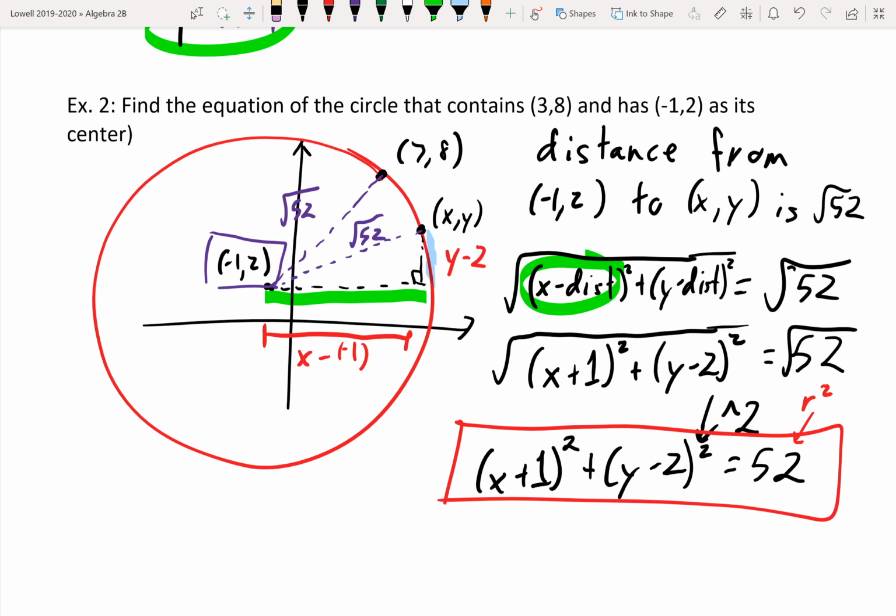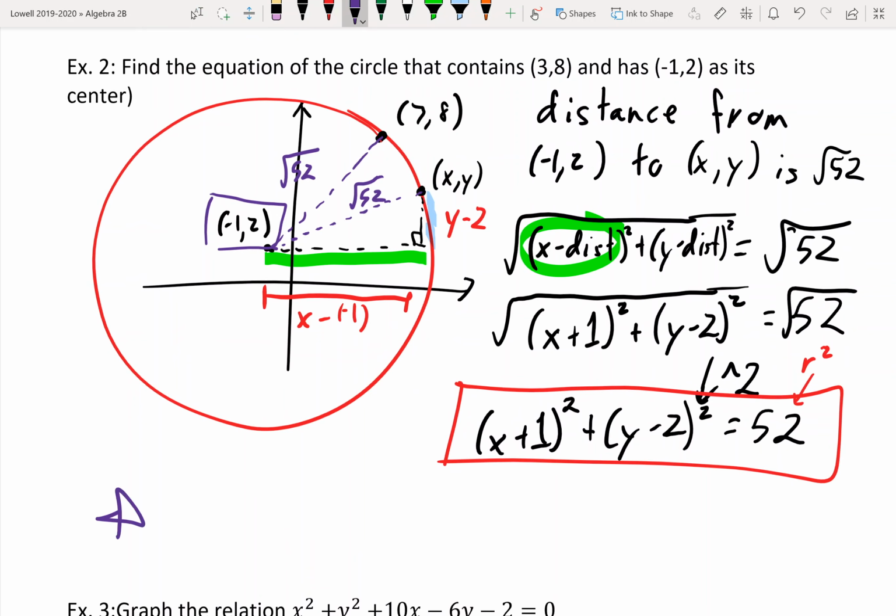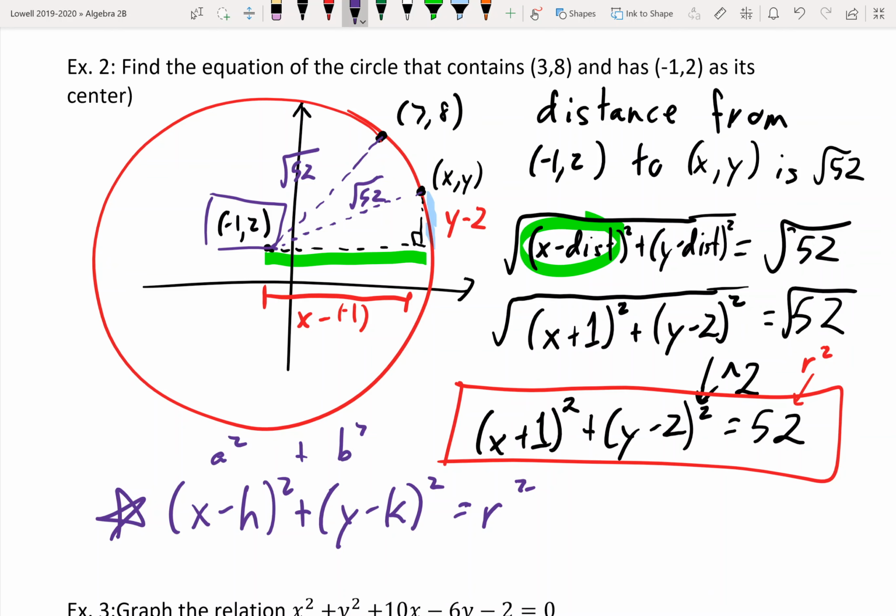And so really, if I want to summarize the equation of a circle, I would have x minus h squared, plus y minus k squared equals r squared. Again, this is similar to the Pythagorean theorem, where this is a squared plus b squared equals c squared, really.